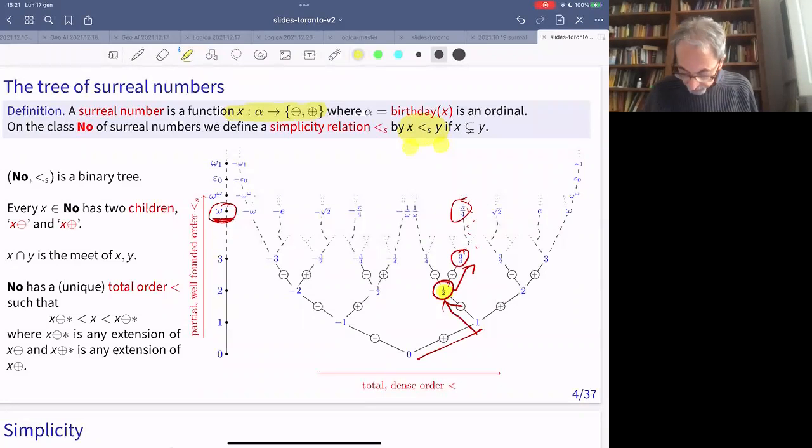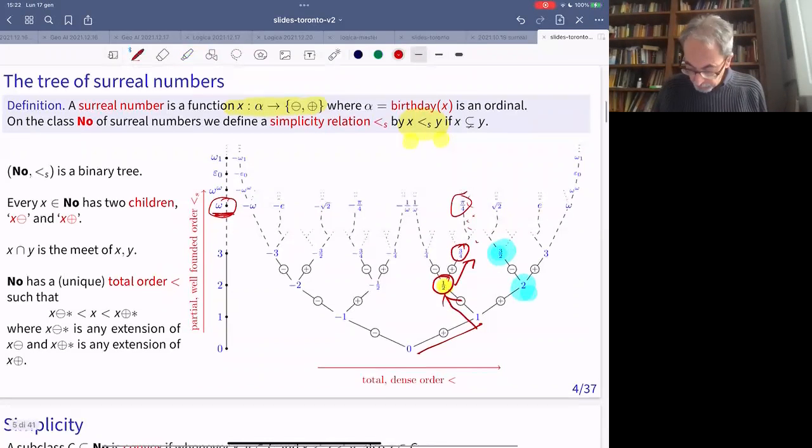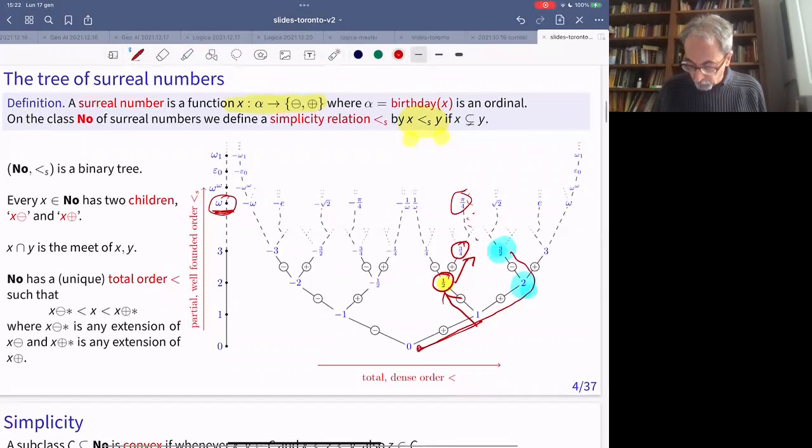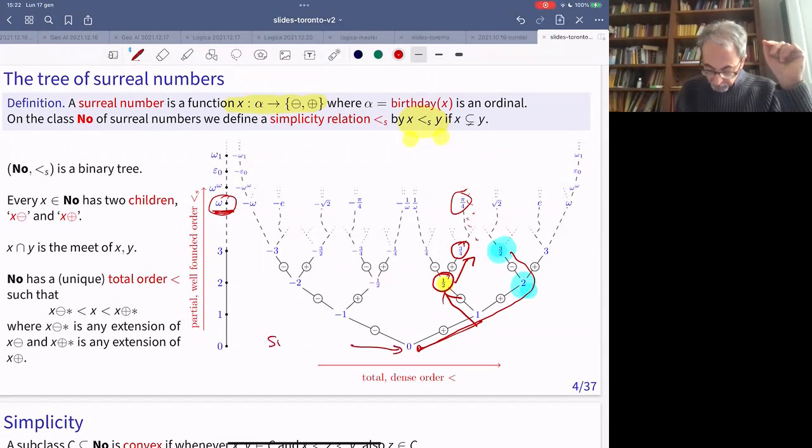So for instance, this one is more complicated than this one. 2 is simpler than this. Simpler means closer to the root, in the path going to the root. 0 is the simplest element of all.